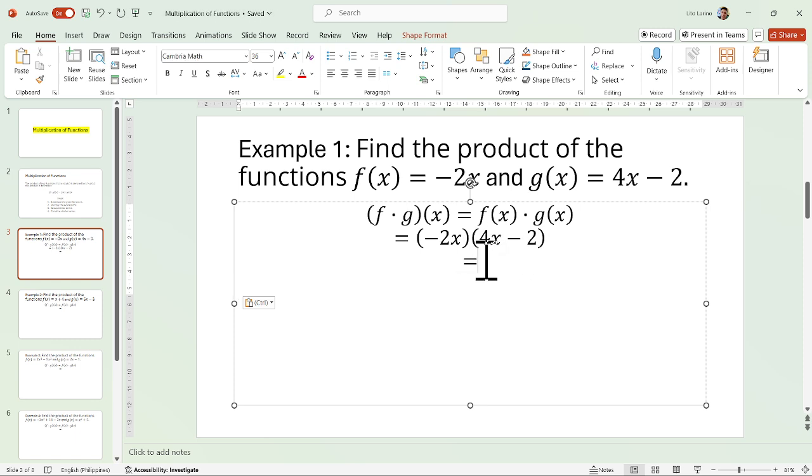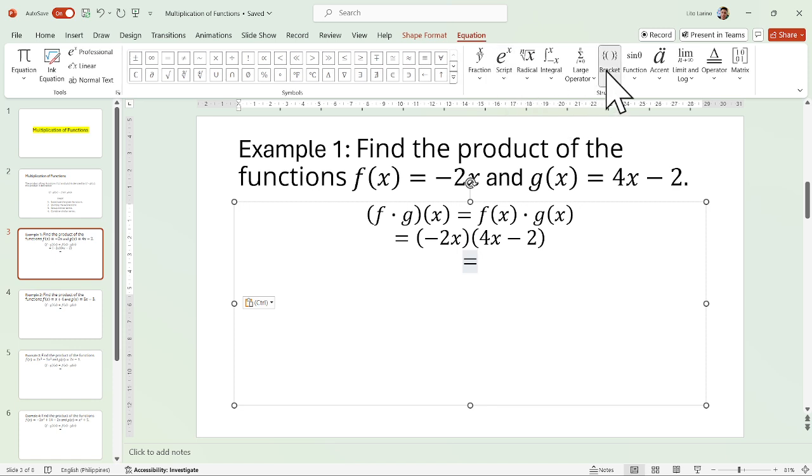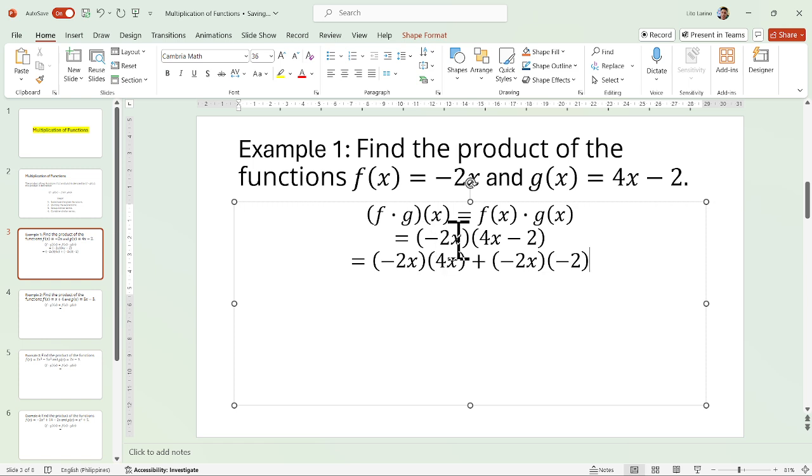That means we will multiply negative 2x by 4x, then plus we will also multiply negative 2x to the second term, which is negative 2. Take note, negative 2x will be multiplied to 4x, and negative 2x will be multiplied again by the second term, which is negative 2.